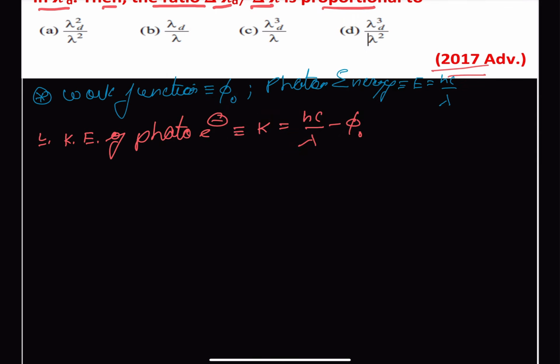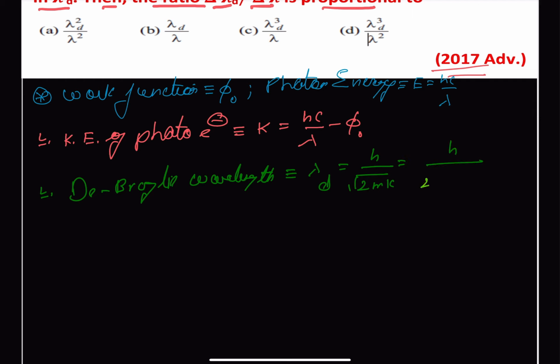And we can also write the equation for the de Broglie wavelength, lambda d, which will be equal to h upon the square root of 2mK. Substituting the value of K, this gives h upon the square root of 2m times (hc upon lambda minus phi naught).